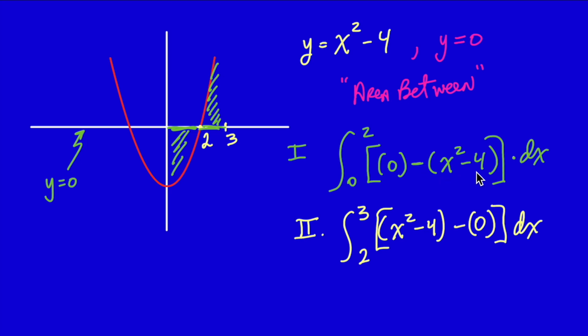So you can see here in section 1, as we move from 0 to 2, the function y equals 0 is first, and then we subtract from that the lower function. And then when we move to this zone, integral from 2 to 3, we see that the reverse happens. Now we have the parabola above the x-axis, so therefore it is listed first in the formula.